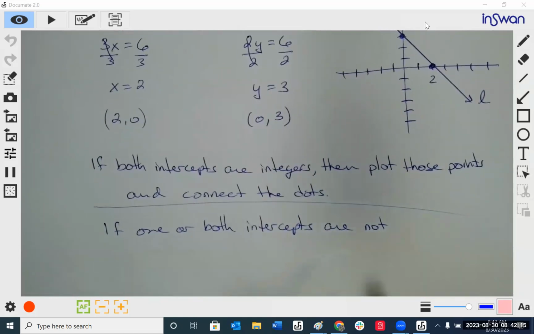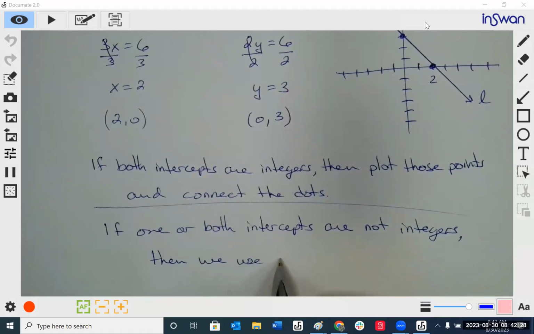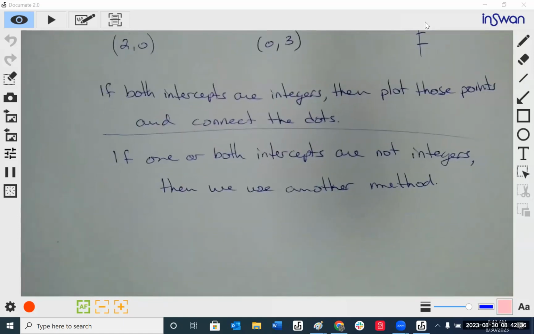So if one or both intercepts are not integers, meaning we can't put them on a solid dot, then we use another method. And here we're going to talk about those.